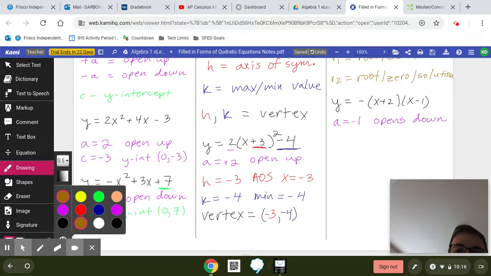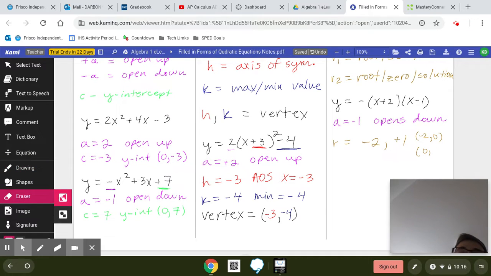And my roots are equal to negative 2 and positive 1 because we switched those signs around. And if we wrote them as actual points, as actual x-intercepts, they would be negative 2 comma 0 and, not 0 comma 1, sorry, 1 comma 0.